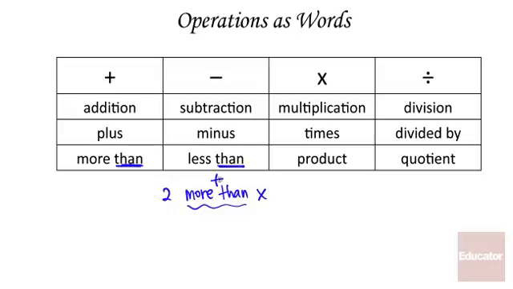But instead of saying 2 plus x, we're going to do a switch. Every time you see the word than, you switch the order. So this is not 2 plus x. Instead, it's going to be x plus 2. Same thing for less than. If it's 2 less than x, it's going to be x minus 2.